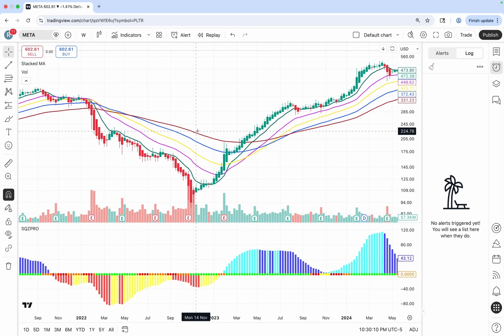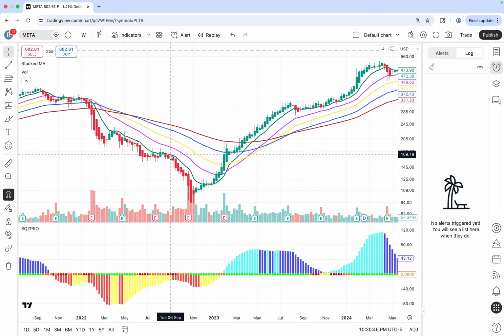And here, I use the exponential moving averages. So here, you have the moving averages stacked in the correct order, because again, when you are looking at a stock and it's bearish, or you're looking to short a stock, you want to see the moving averages stacked in the reverse order from how you want to see them when you're looking to go long on a stock.